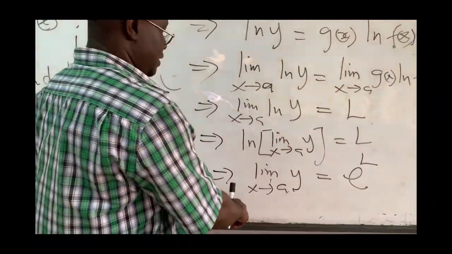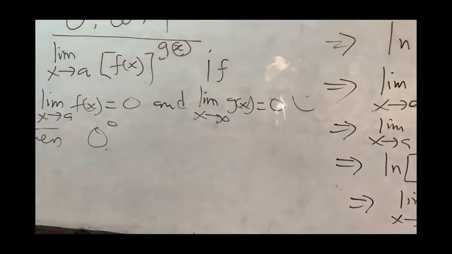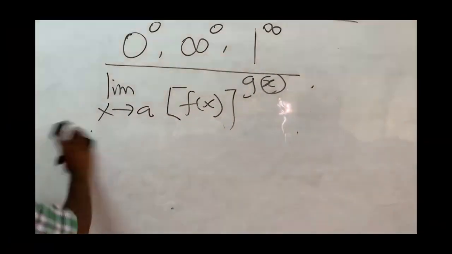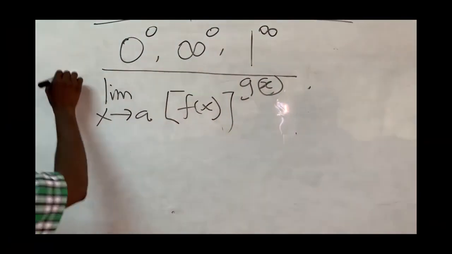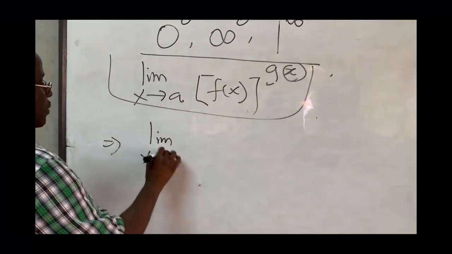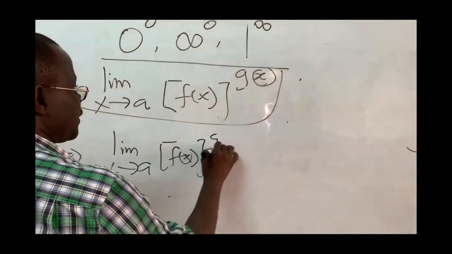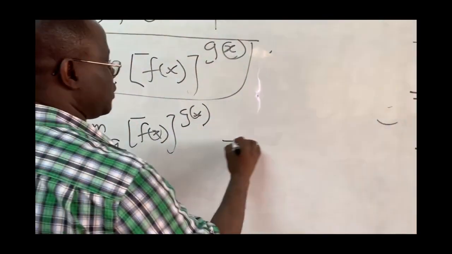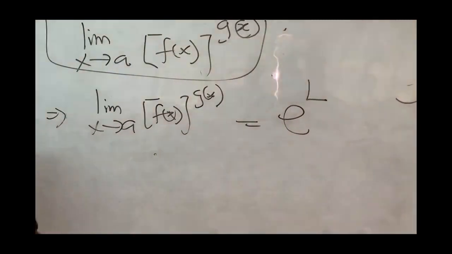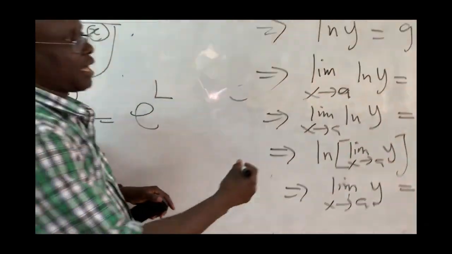Now remember that y is our original function that we had when we started. So the limit as x goes to a of f of x raised to the power g of x is equal to e raised to the power L. Which means that to find the limit of these forms, the most important thing is how to find this.